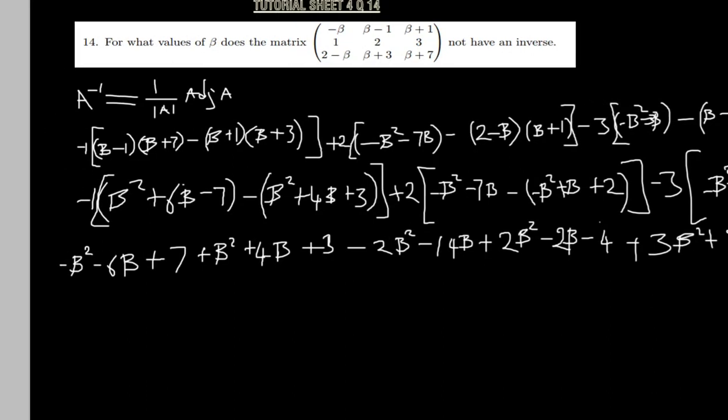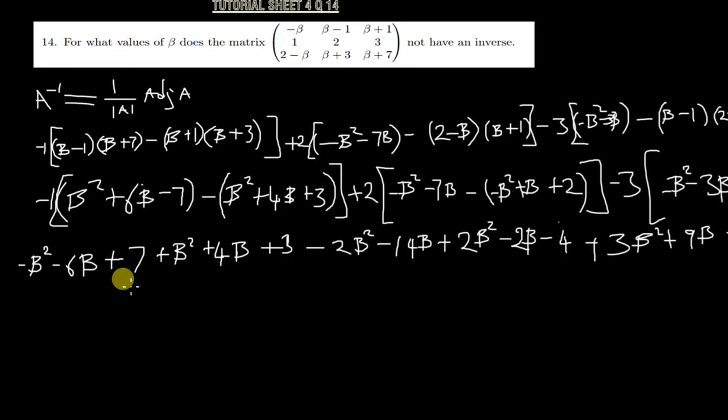So here now, just by looking, you can see that this negative beta squared and this can cancel. Then I'm going to add negative 6 beta plus 4 beta. Negative 6 beta plus 4 beta will get negative 2 beta there. And then 7 plus 3, I'll get 10. Then negative 2 beta squared and this beta squared, you can see that they are cancelling.